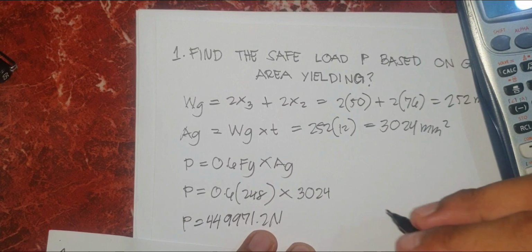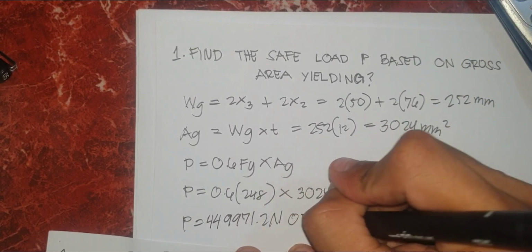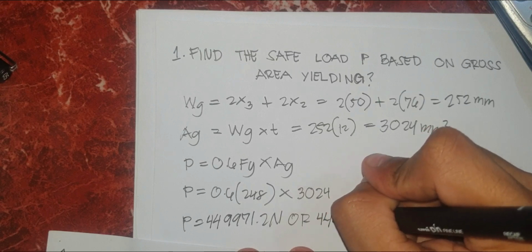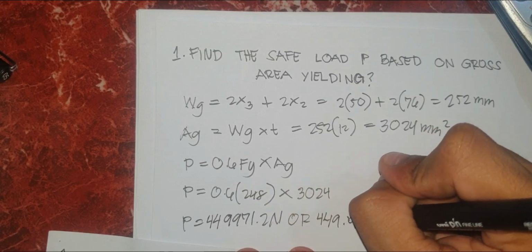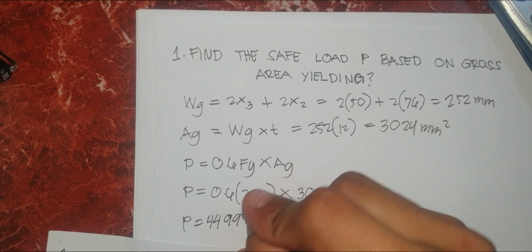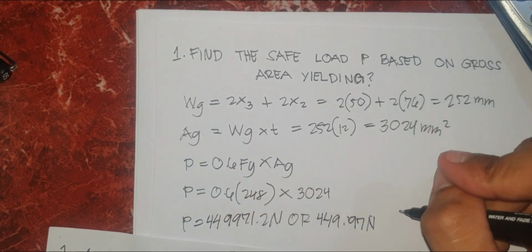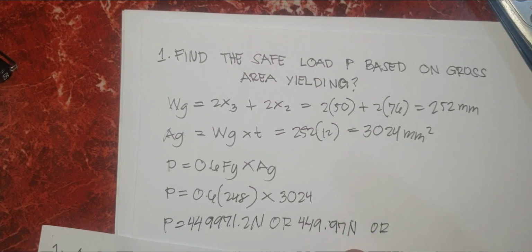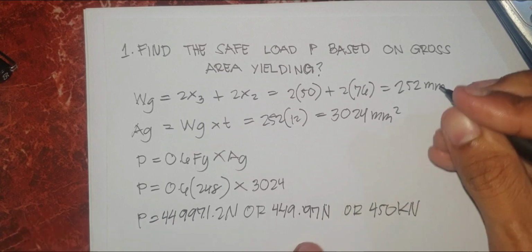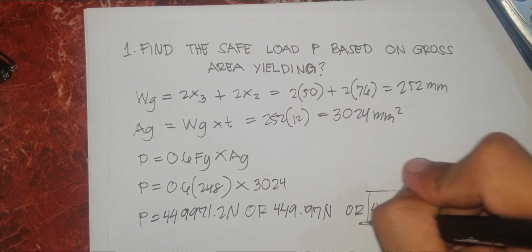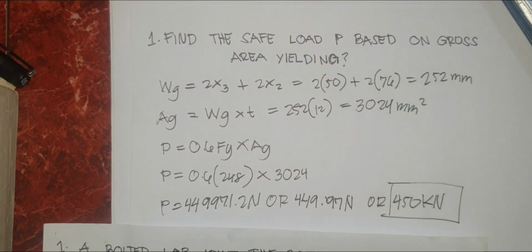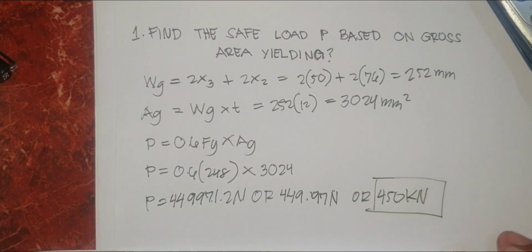To convert to kN, that is 449.97, or roughly 450 kilonewton. That is the safe load P based on gross area yielding.